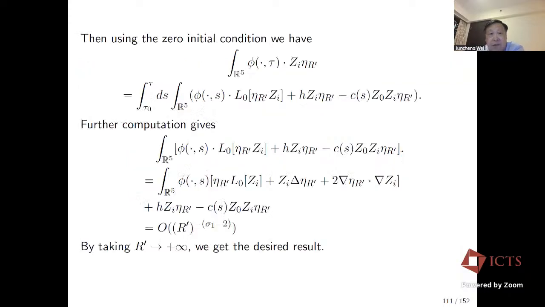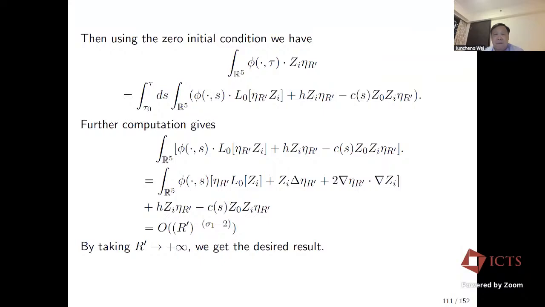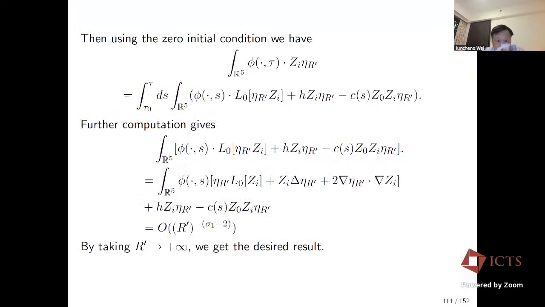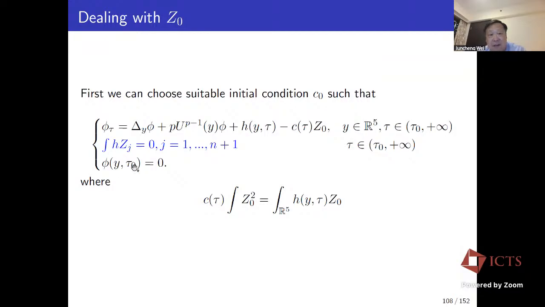Now we have a linear parabolic equation, and H is orthogonal to Z0 and Z1 up to Zn plus 1. Phi is orthogonal to Z0 and Z1 up to Zn plus 1. And now we prove by contradiction. Let's also recall that our initial condition is phi(y, tau 0) equals 0. So the initial condition is 0.